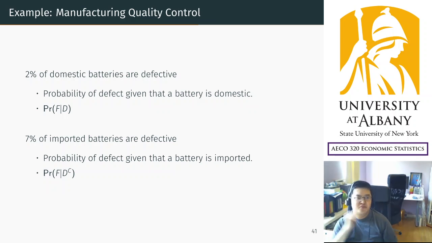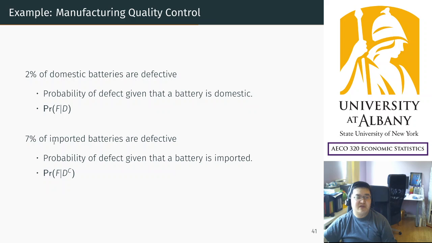If not, no. And from that experiment, what you get is a conditional probability, because when you randomly choose one, you already know that the chosen battery is domestic, or you are choosing from only domestic batteries. So clearly the condition is being domestic, and the main event you are interested in is defectiveness, whether the battery is defective or not.